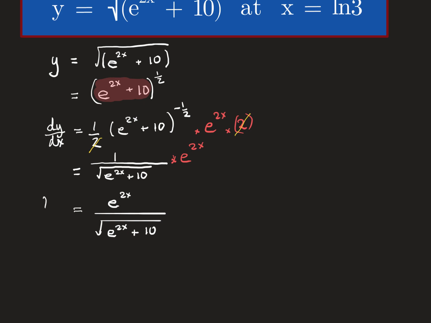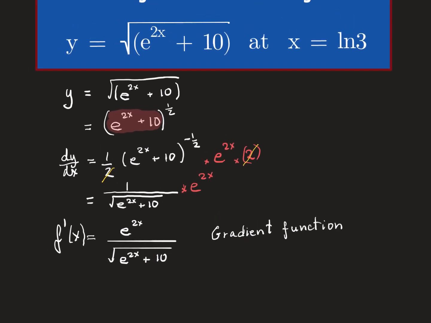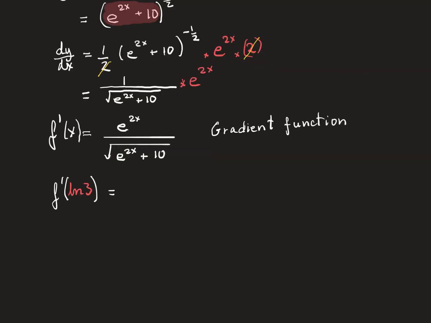So now we have the gradient function in which we could substitute x is equal to ln3. So when I substitute that ln3 for the x, I will get e to ln3, and I will go over the root of e to ln3 here as well, plus 10.